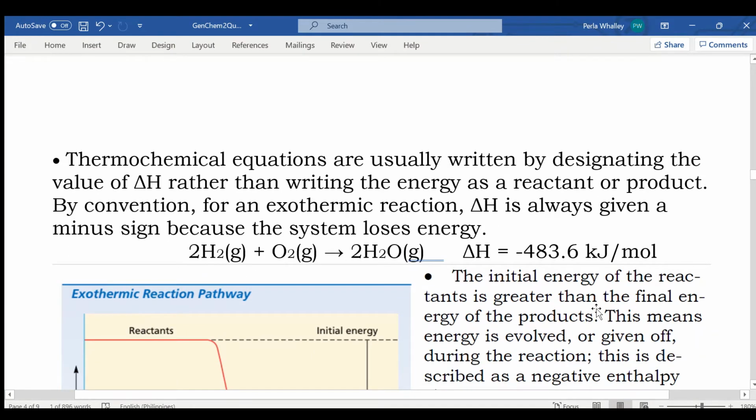Thermochemical equations are usually written by designating the value of delta H rather than writing the energy as a reactant or product. By convention, for an exothermic reaction, delta H is always given a minus sign because the system loses energy. So here it is negative. When it is negative, that means it is an exothermic reaction and the system loses energy during the reaction.